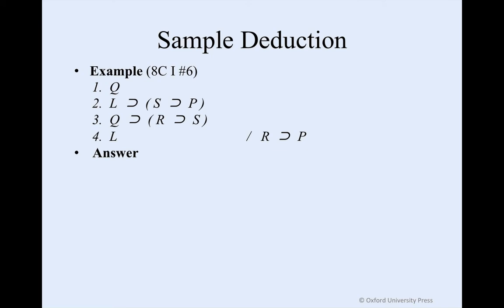So 1 and 4 are premises that do not have any operators. They're simple statements. So you're not going to have to worry about looking for a main operator there. There is no operator. In 2 and 3, the main operator is the horseshoe that's outside of each of the parentheticals. So look at your rules.